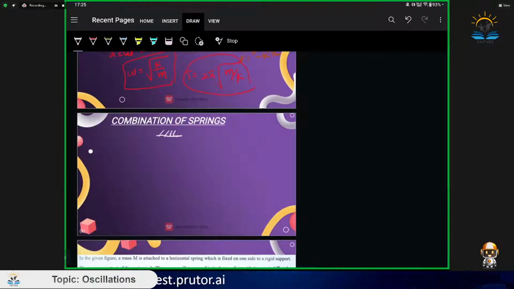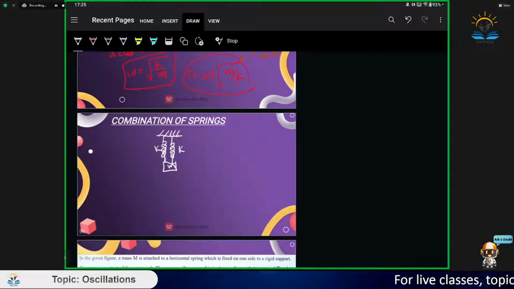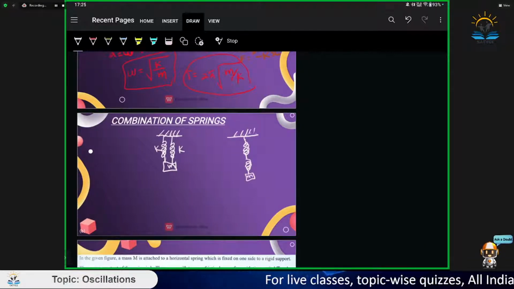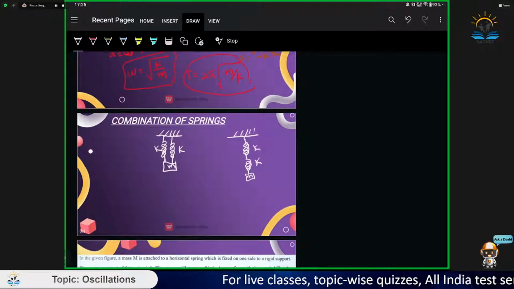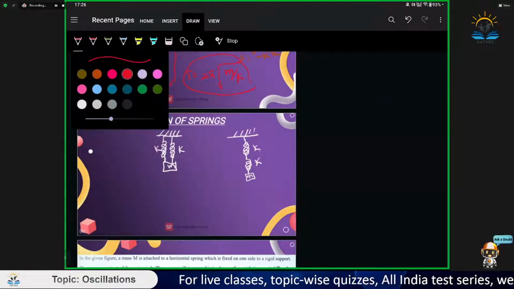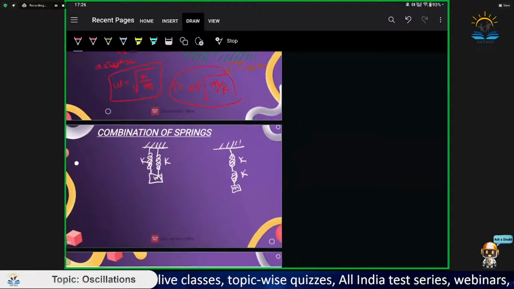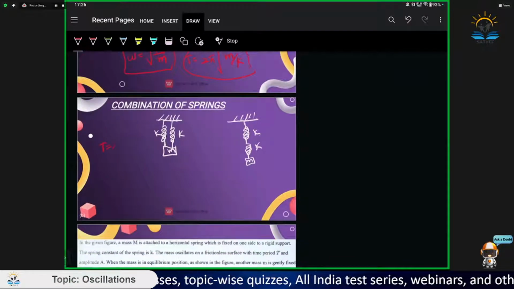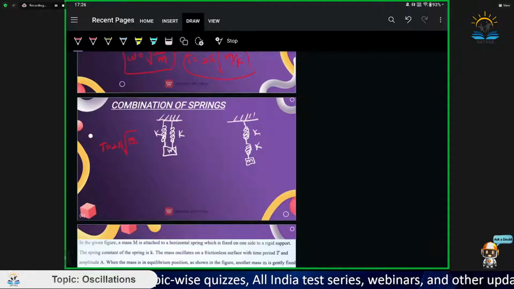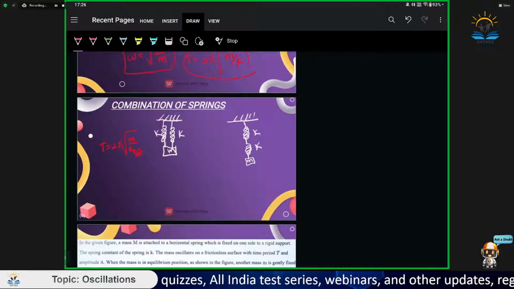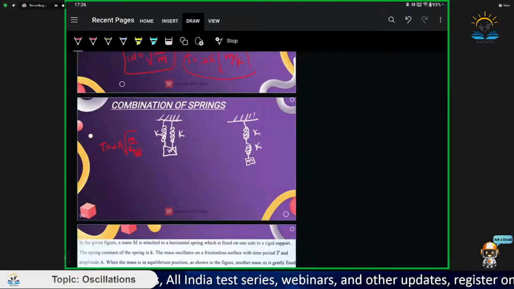This is the first case: two springs having K, K, and this is the mass M. And in the second case, springs of spring constant K, K. So the equation will be T equal to 2 pi into root of M by K effective, or K equivalent, right?